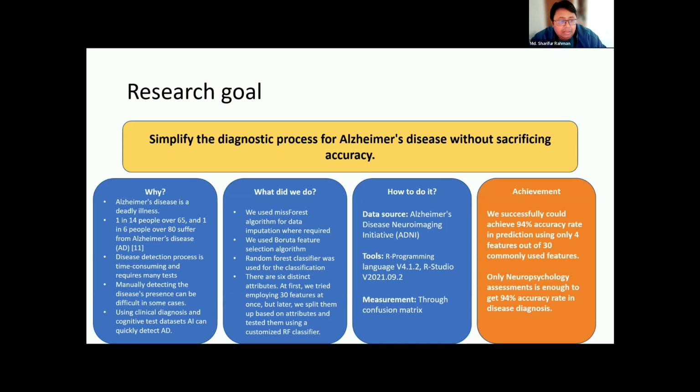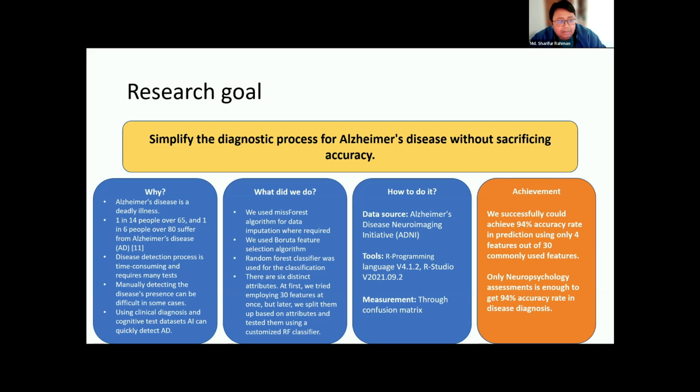And the disease detection process is time consuming, and it requires lots of tests. And manually detecting the disease is not that easy. It's difficult sometimes and also wrong sometimes.